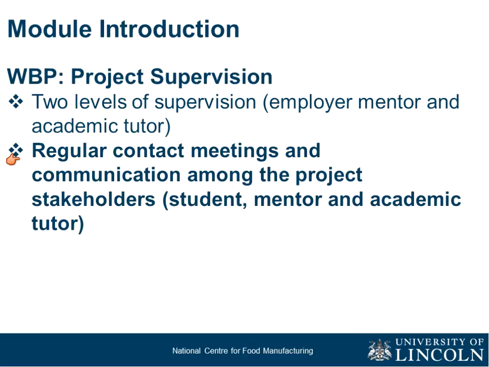Do you need any help? Do you need any resources? If there's anything you need at any particular point in time, your mentor or your academic tutor should be able to help you. In terms of searching for information, your academic tutor should be able to help you. In terms of getting in touch with the customer, your company mentor will be in charge of that.